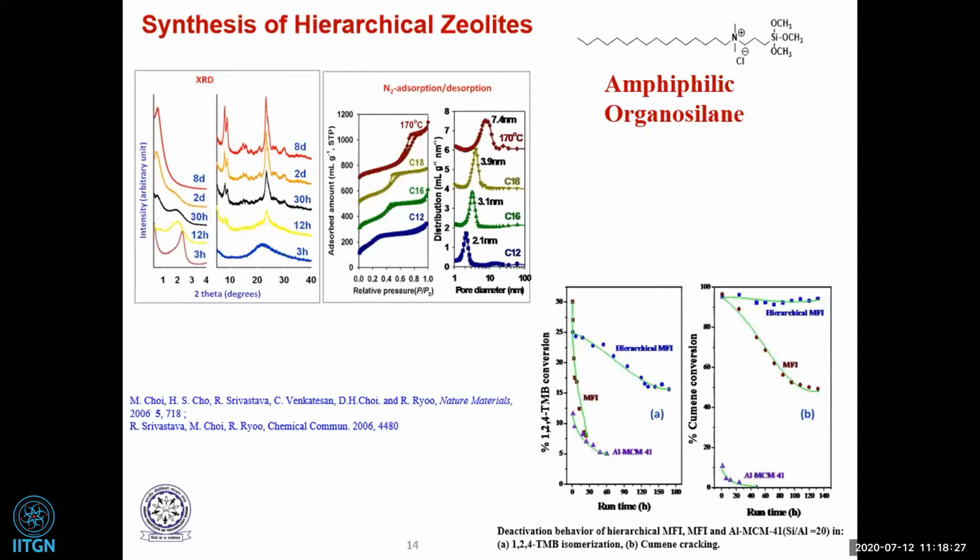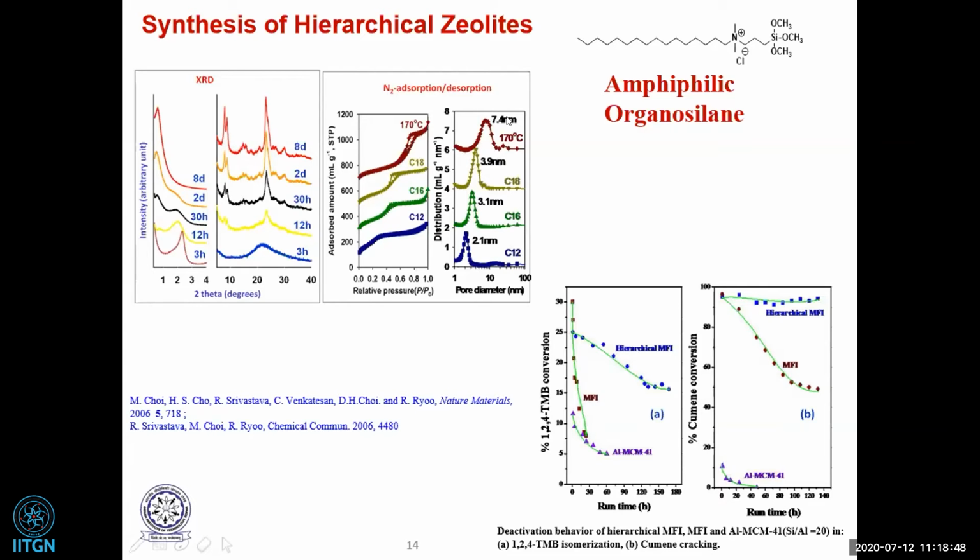In order to do that, an amphiphilic organosilane was designed, in which you have the ammonium cation which directs the micropore, a long chain which directs the mesopore, and this silane which binds with the silica and alumina precursors efficiently, and that's how they can participate in the zeolite crystallization.